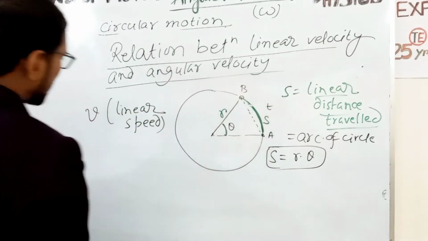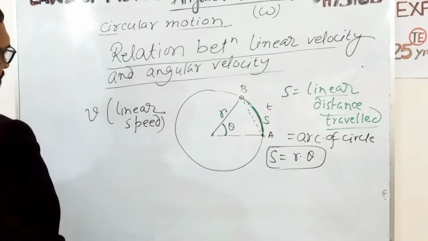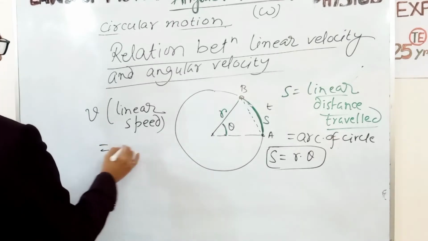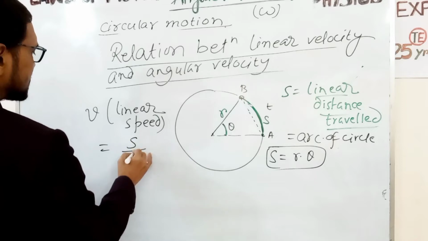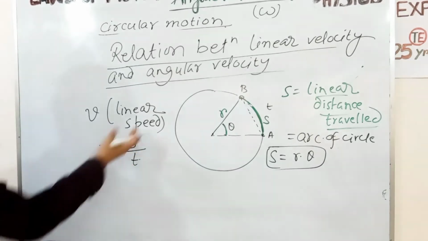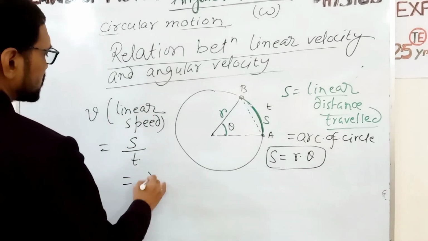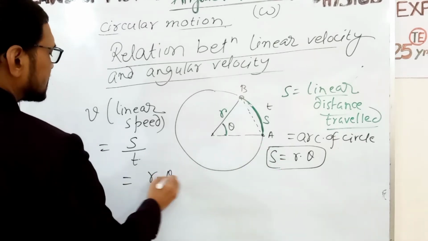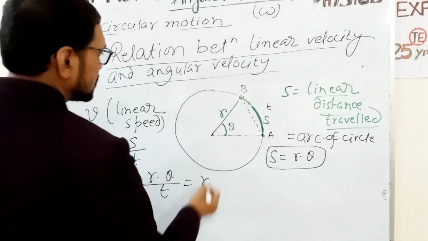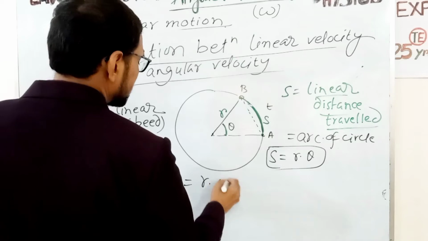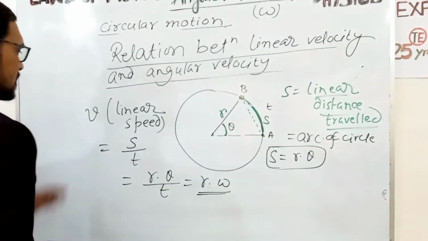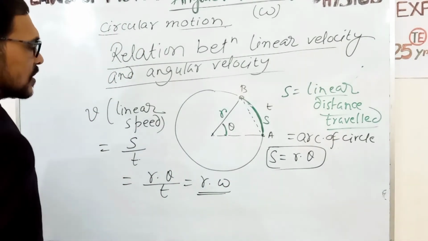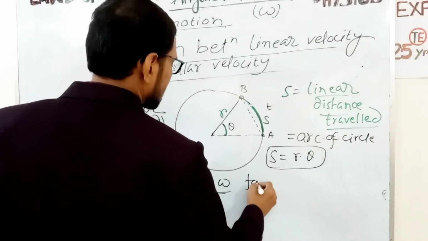Linear distance by time is linear speed. We do not define linear velocity here. The linear speed equals s by t, so v equals r theta by t, that is r into theta by t. What is theta by t? Theta by t equals omega.